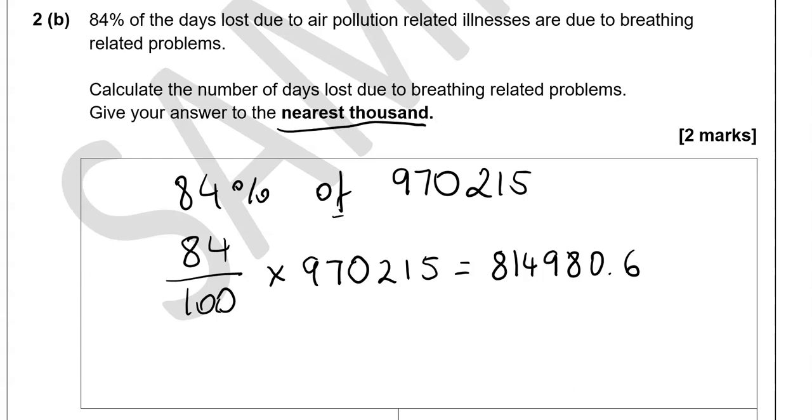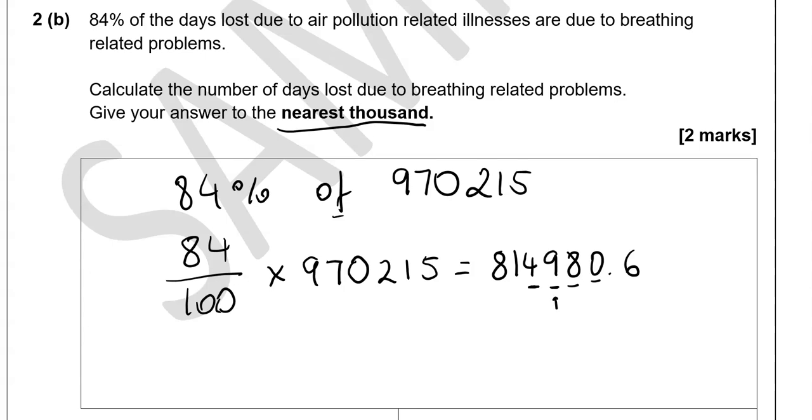We've got to give our answer to the nearest thousand. So looking at the digits, locating units, tens, hundreds, thousands. So this is the digit to round. Do we round it down or up? We look at the digit on the right of 4, which is 9.